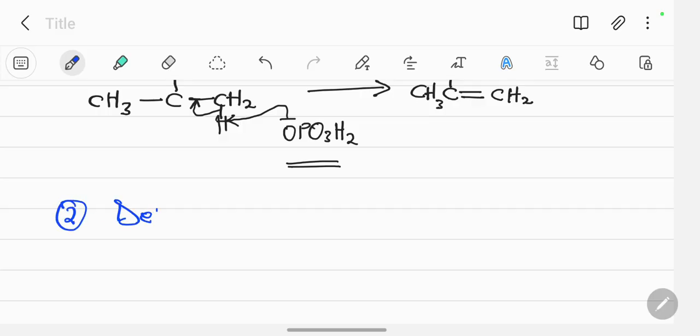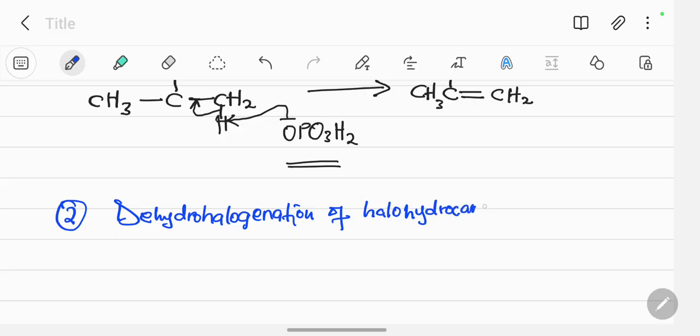We call it dehydrohalogenation of halohydrocarbons. Sometimes they're called halohydrocarbons.